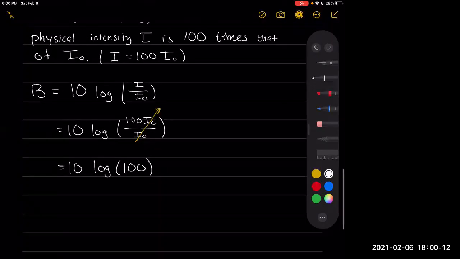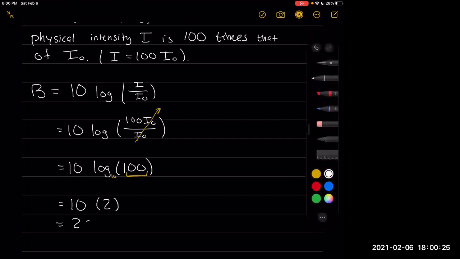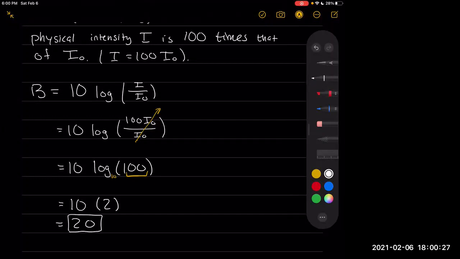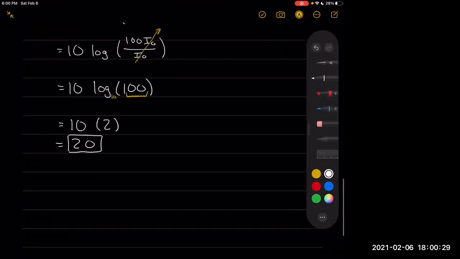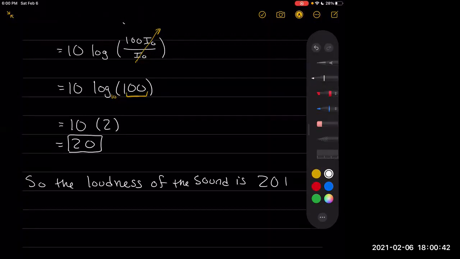And now since we have 2 zeros here, and log is secretly base 10, that means we're going to have 10 times 2, which just equals 20. So the loudness of the sound is 20 decibels.